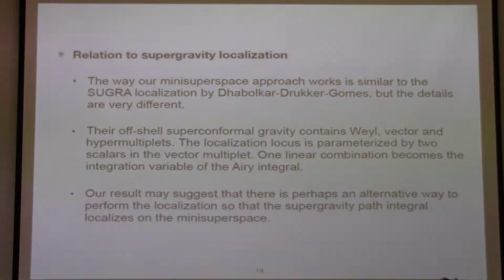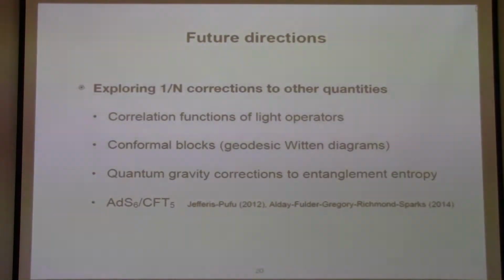So the relation is not clear, but because localization is not unique, there are many ways to do the localization, and so maybe there is a way of supergravity localization which reduces to the minisuperspace. Other things you can calculate are future directions.